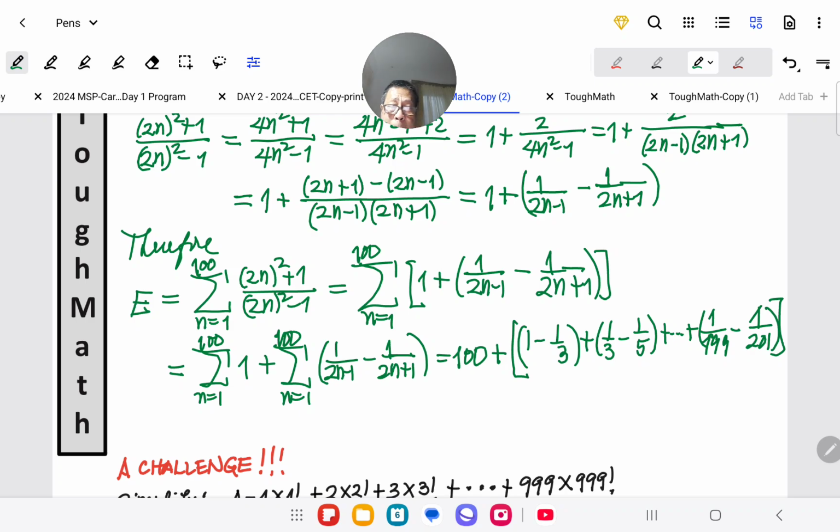And the inner terms cancel each other because they are negatives of each other. So we have 100 plus 1 minus 1 over 201, or this is 100 and 200 over 201.